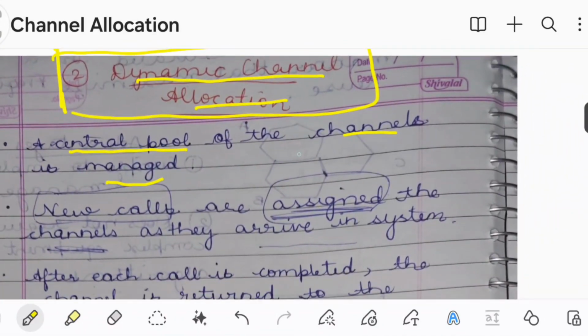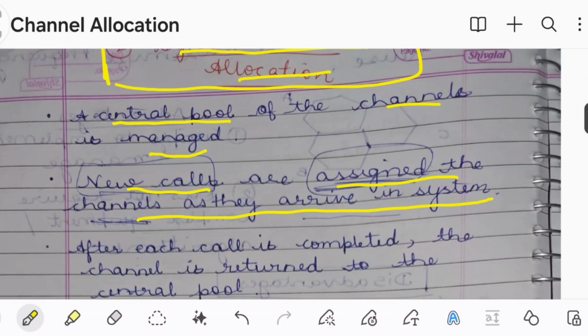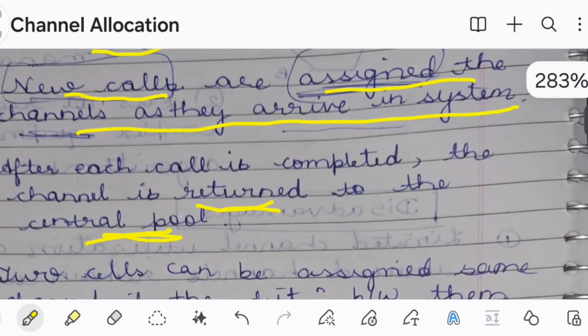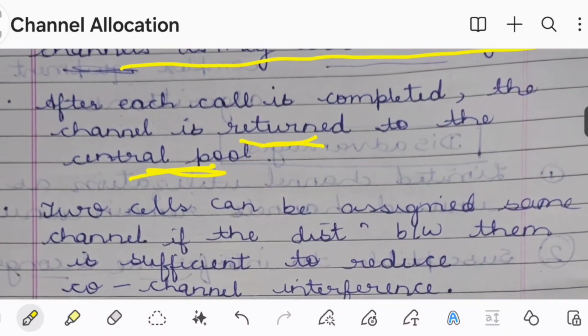New calls are assigned channels as they arrive in the system. As the request is made, the channels are assigned. After each call is completed, the channel is returned to the central pool.